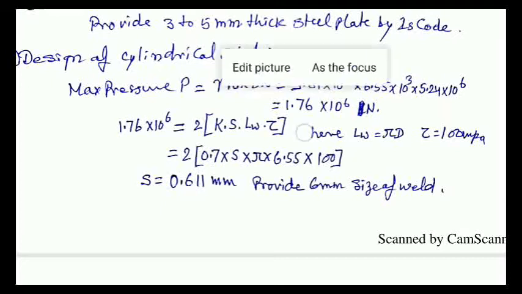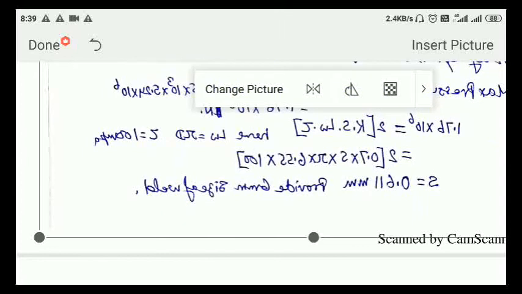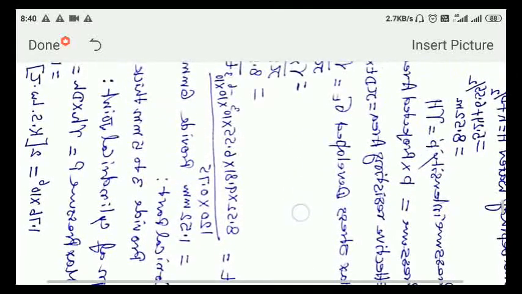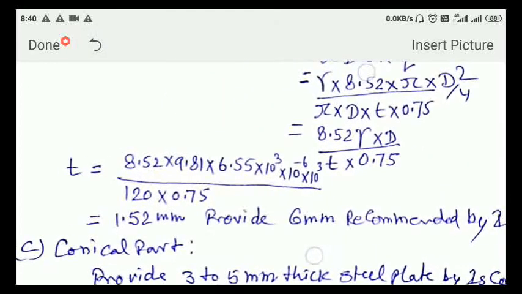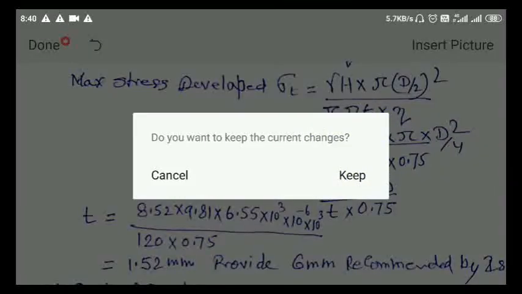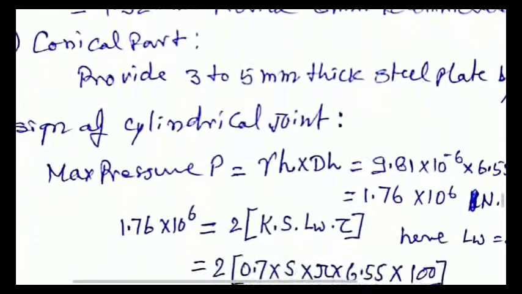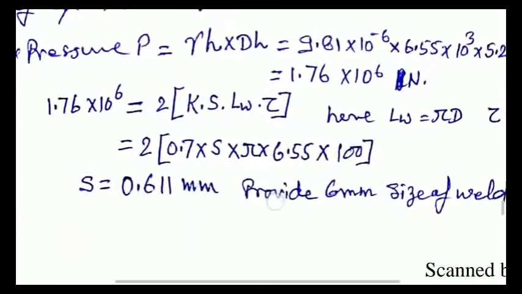So it comes out to be 1.76 into 10 raised to power 6 Newton. This will be the total pressure.